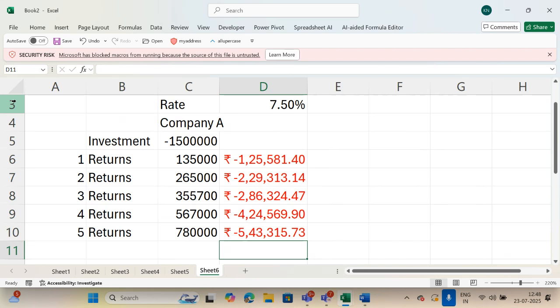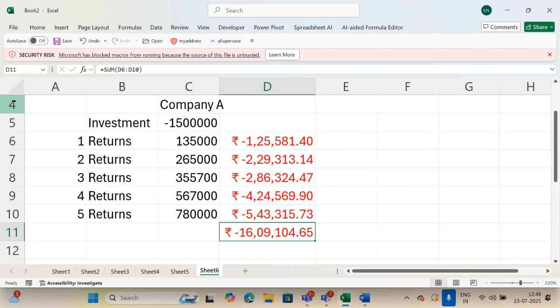The total of these returns is 16,609,105. And I'm putting in only 15 lakh rupees.